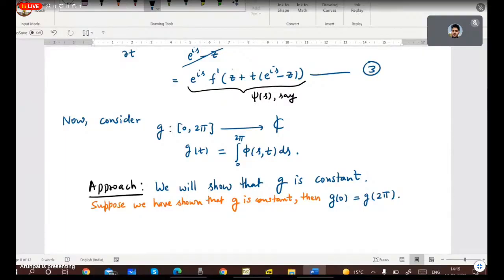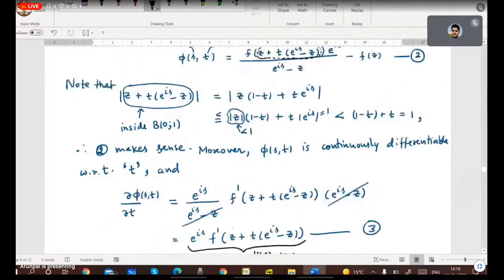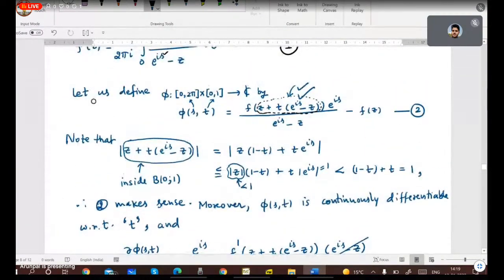Now, let's have a look at the values of g at 0 and the value of g at 2 pi. Now, what is g of t? g of t is the integral from 0 to 2 pi of phi of s comma t. And you put the value of phi of s comma t. So class, this is how we have defined phi, right class?